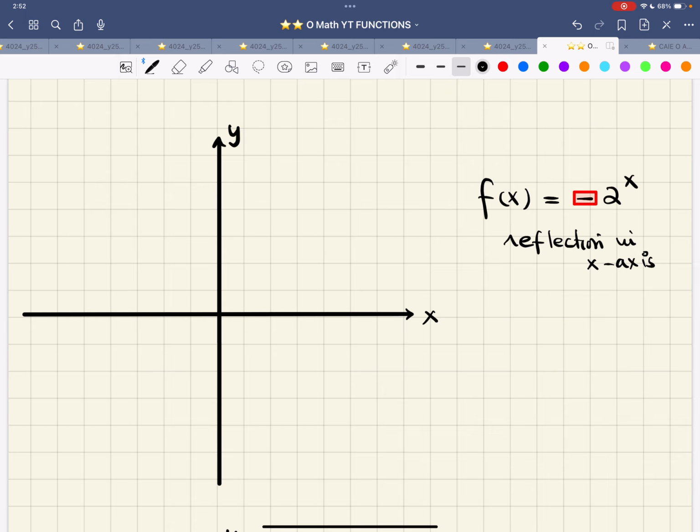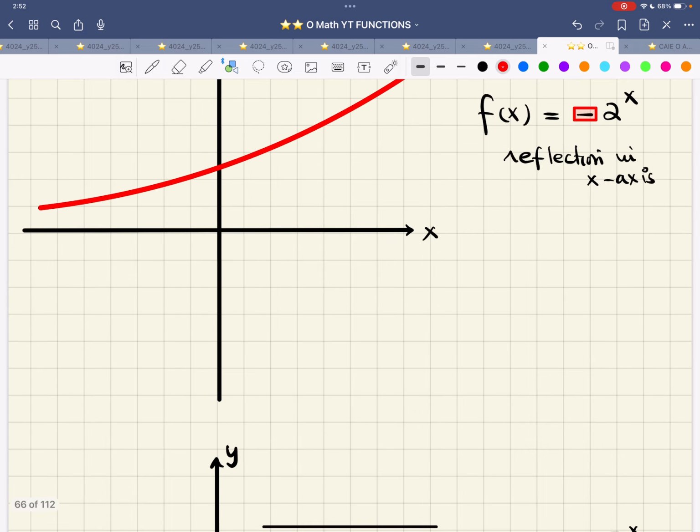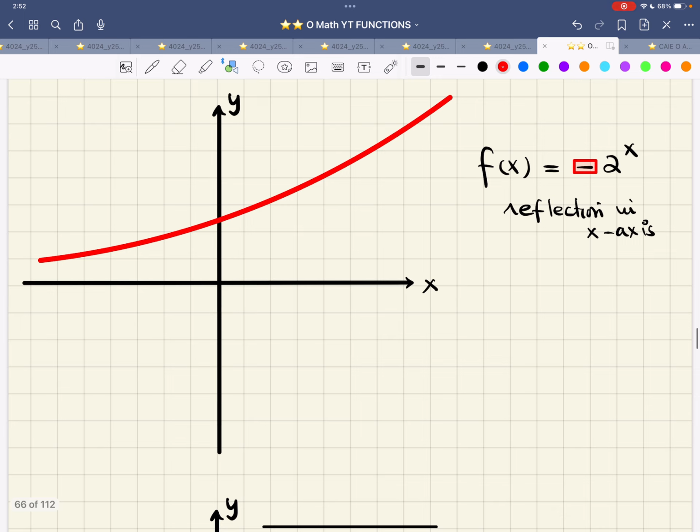So let me draw the original one. The original one goes like this. And over here, this is a negative sign. Let me use green color for that reflection. So that goes like this.